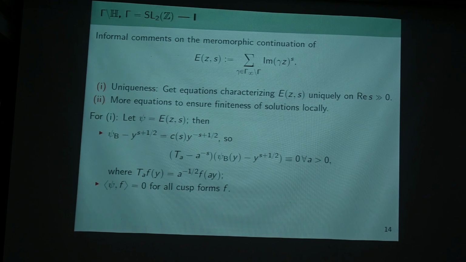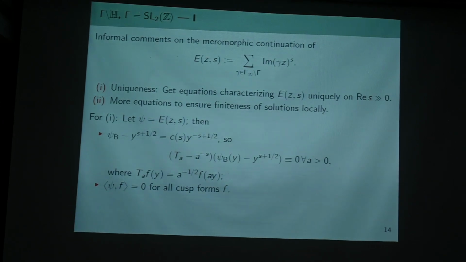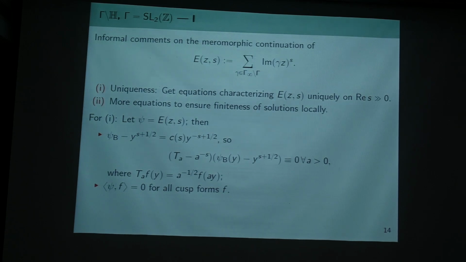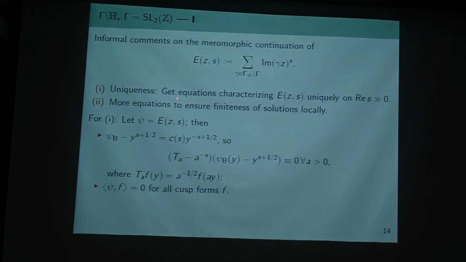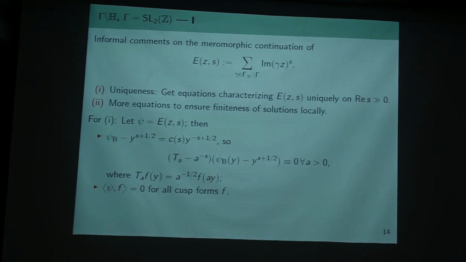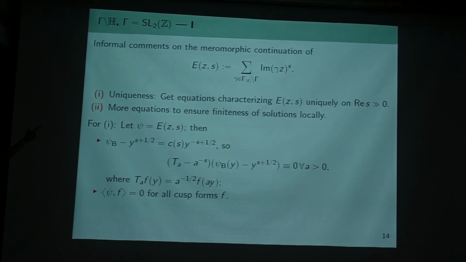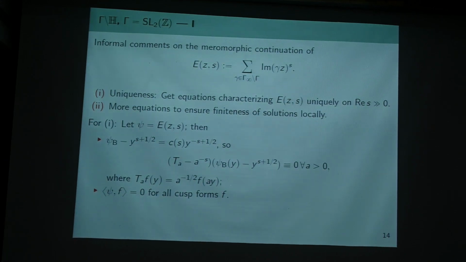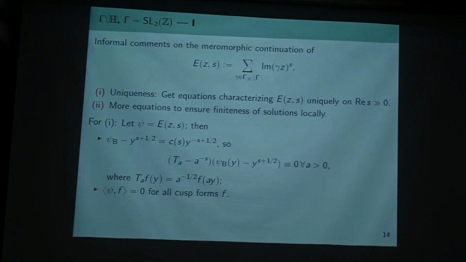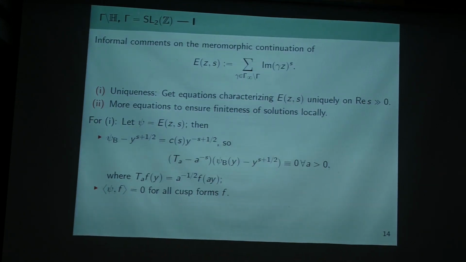Look at the constant term of psi minus E of zs. What can you say about the constant term? The dominant part y raised to s plus half is the same for both psi and E of zs. So this is equal to something times y raised to minus s plus half. Right? And when real part of s is greater than half, this is going to be less than 0. So the point is, the constant term of the difference goes to 0 as y goes to infinity.